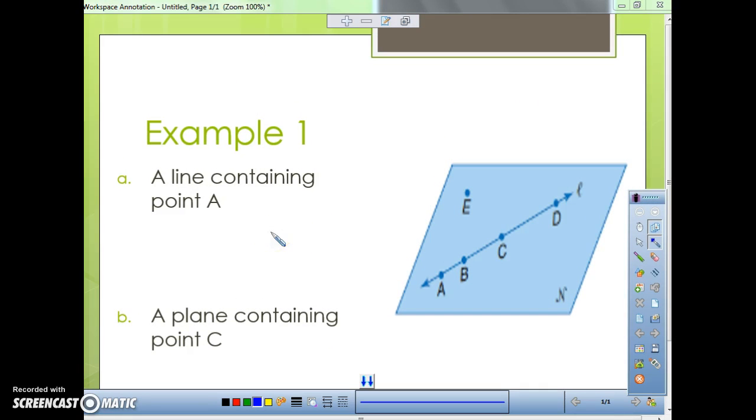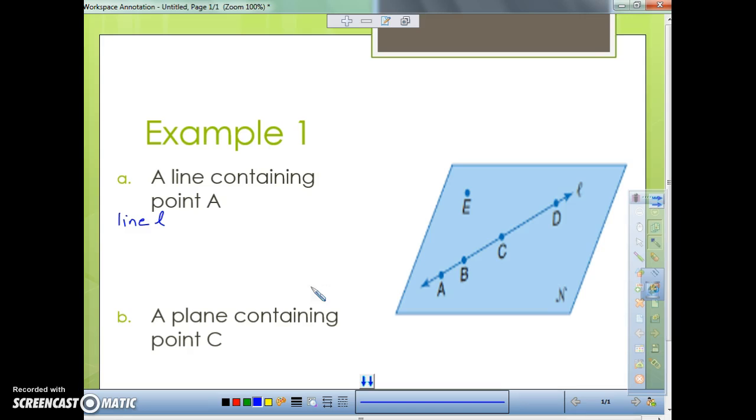Okay, so a line containing point A. How could we name this line? Raise your hand if you can tell me. Lexi, yes. All right, line L. Good. We can name it a couple of different ways. Who's got another way that we can name the line?